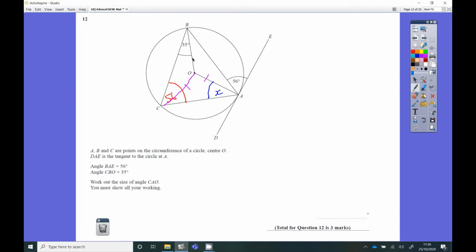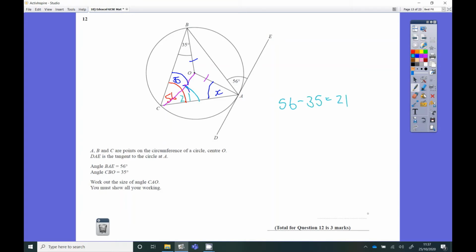But equally, this is also an isosceles triangle over here. So given that that base angle is 35, this angle over here is also 35. So therefore we can see that our angle OCA, that angle there, OCA, must be 56 take away 35, which is 21.